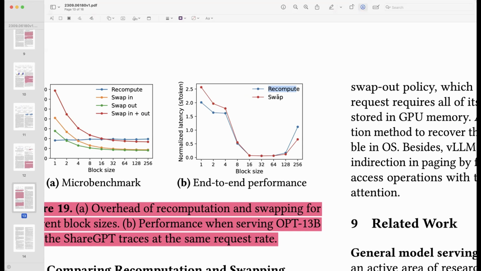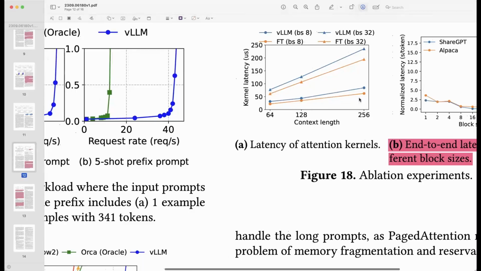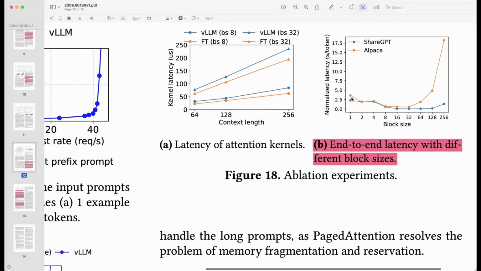Both have a similar upturn in the normalized latency for small block size. And I think that was also reflected in the earlier ones that we were looking at. I thought I saw, yeah, see how it's higher for small block size and then down.